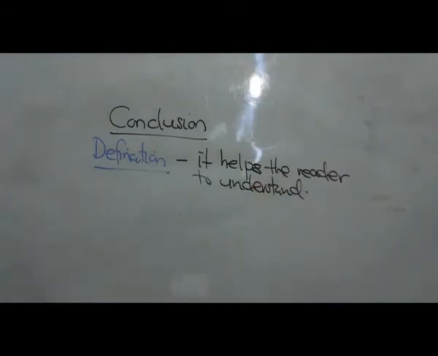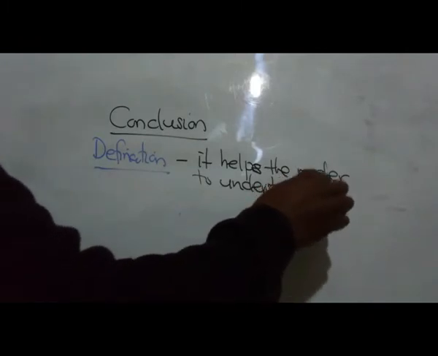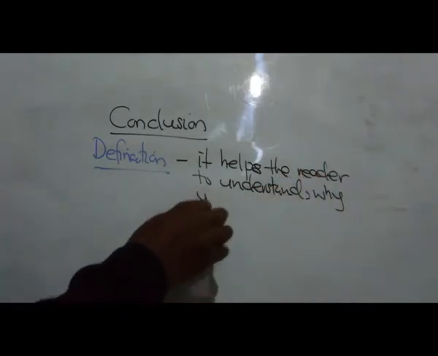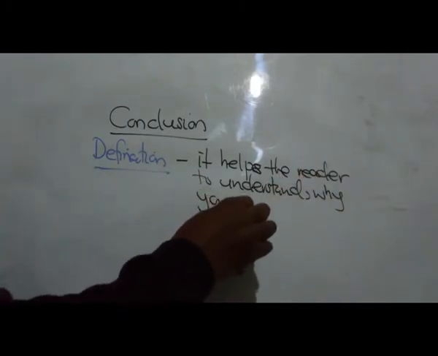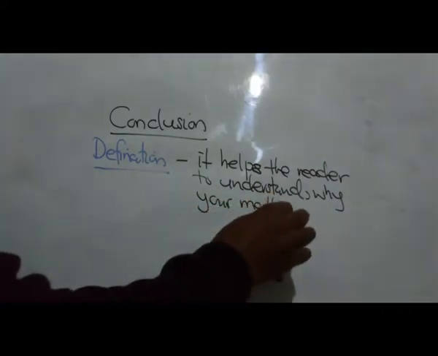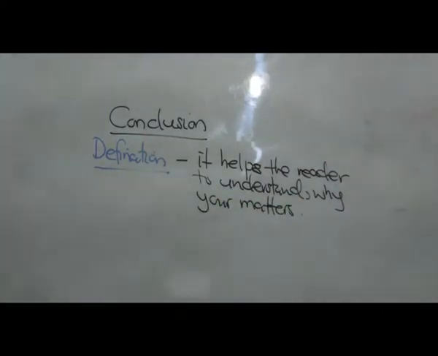It is intended to help the reader so that the reader will understand why your composition matters, why your story matters. So this is number one that we have to highlight in the definition.